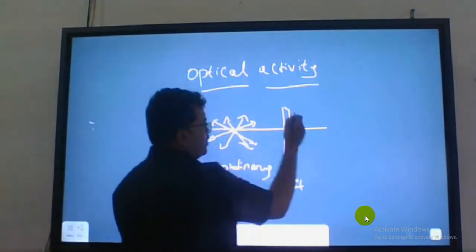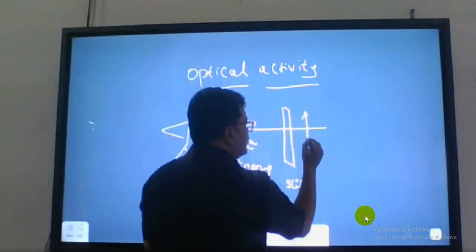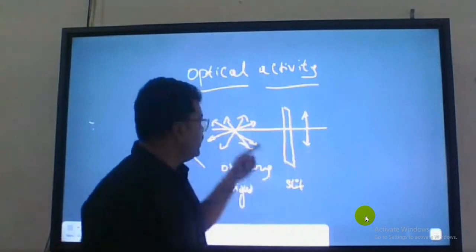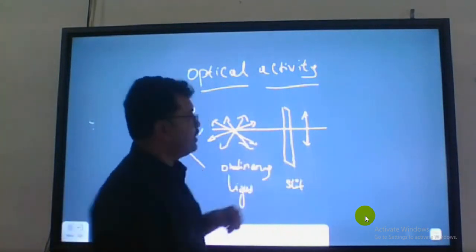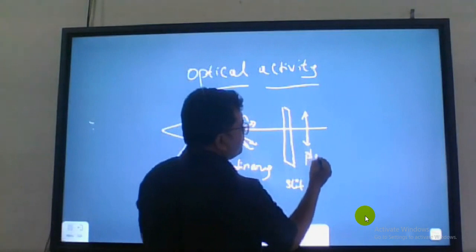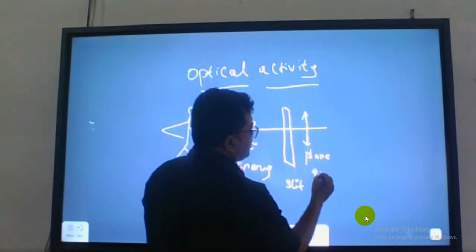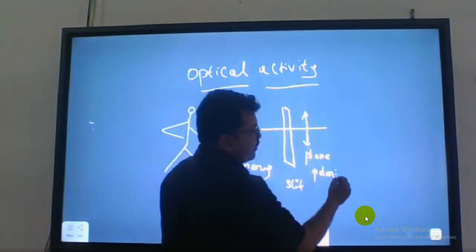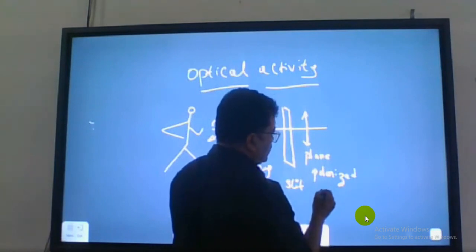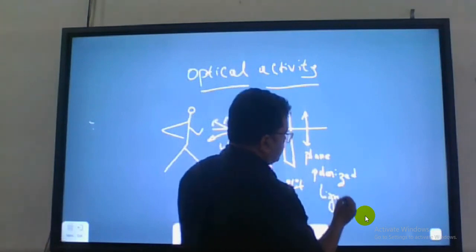Now it will only transmit one plane polarized light.